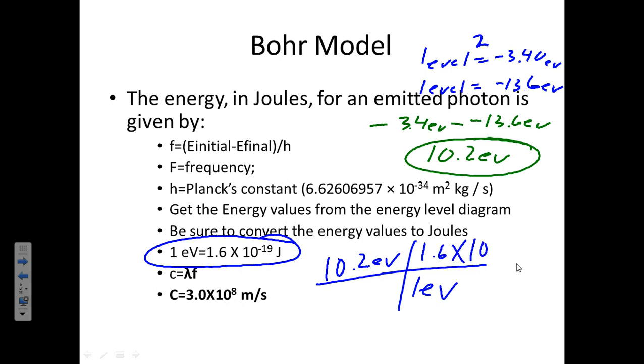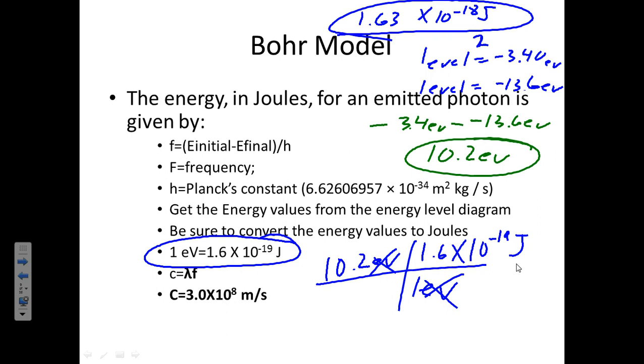It looks a little bit like the mass, but it's not the mass. Cancel out those electron volts. So essentially, we're going to go 10.2 times 1.6 times 10 to the negative 19, and we end up with 1.63 times 10 to the negative 18 joules of energy released.